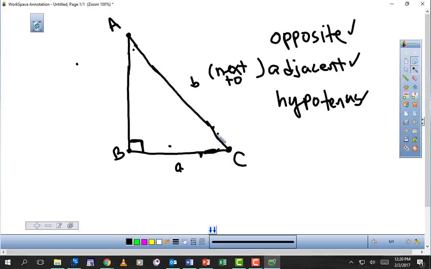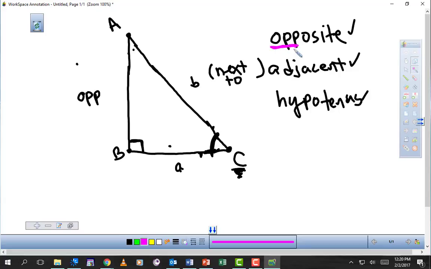Like I said, with respect to angle C, this side over here is the opposite side. By the way, we're going to start abbreviating because mathematicians are lazy.